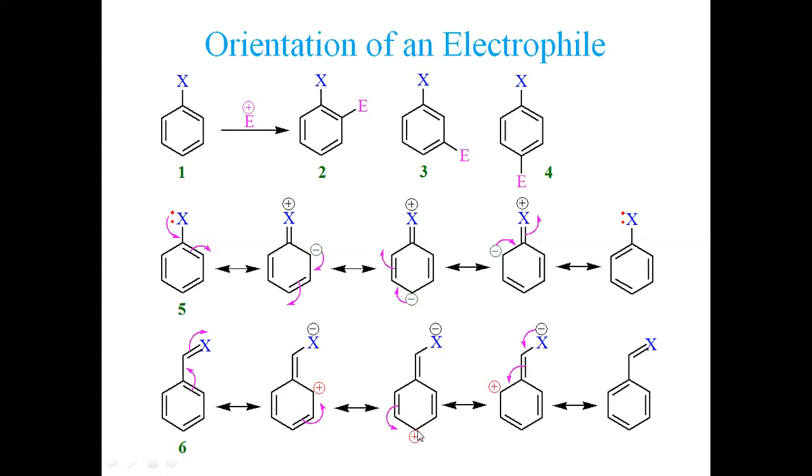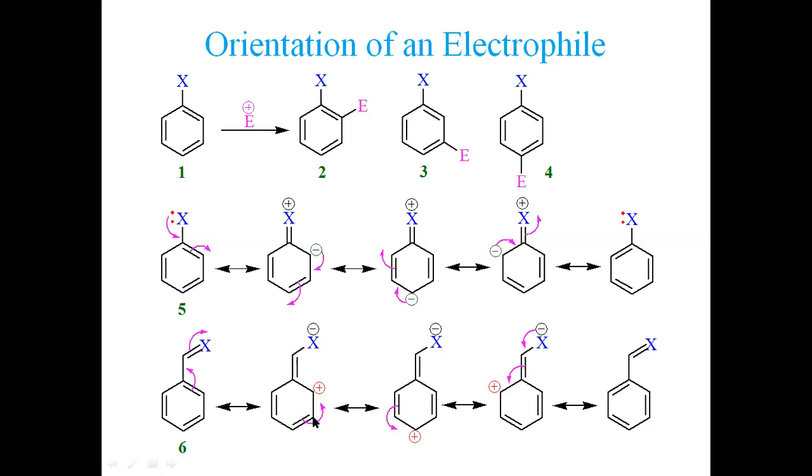So as a result, we shall conclude that this is causing a decrease in electronic density at ortho and para if the electrophile is positively charged. So these ortho and para positions are also positively charged. What shall happen? The electrophile shall be repelled by this. So the electrophile shall not approach the ortho and para positions. Where shall it go?